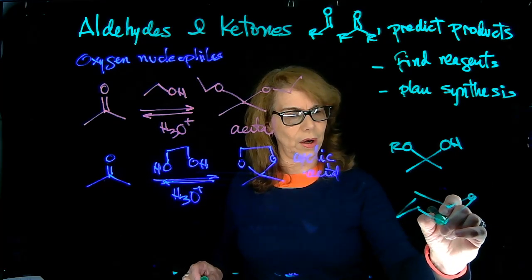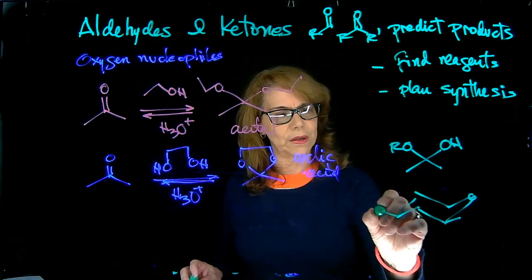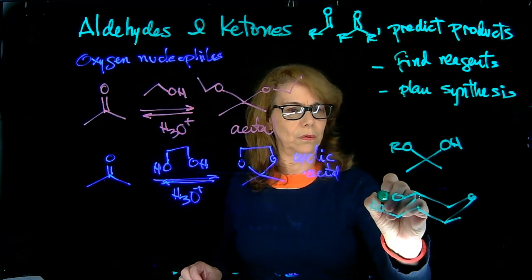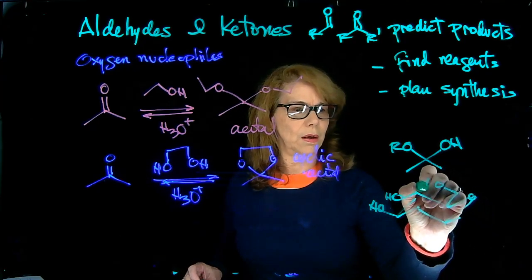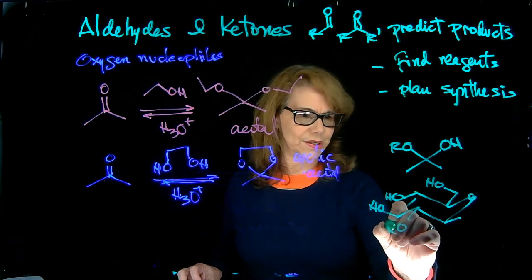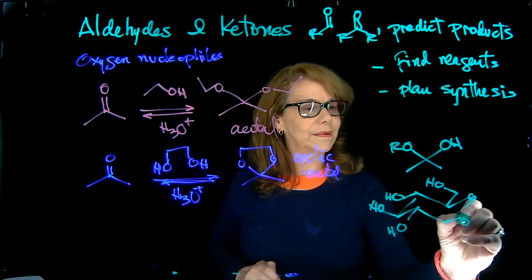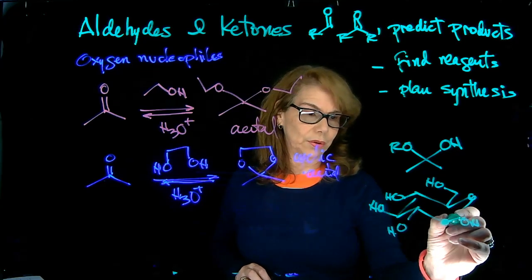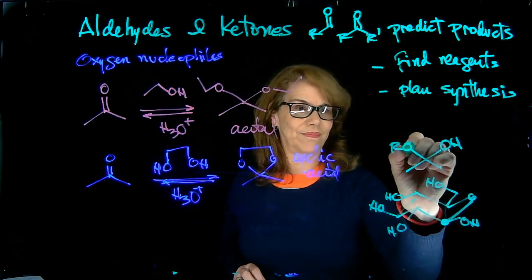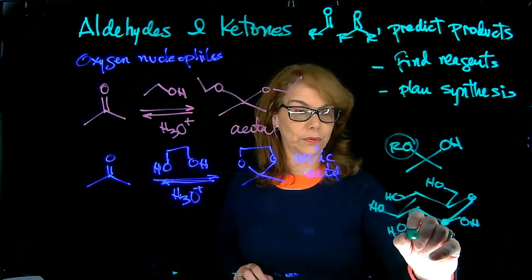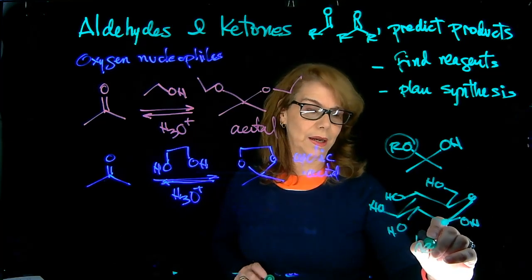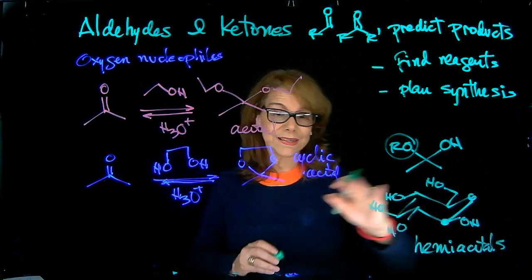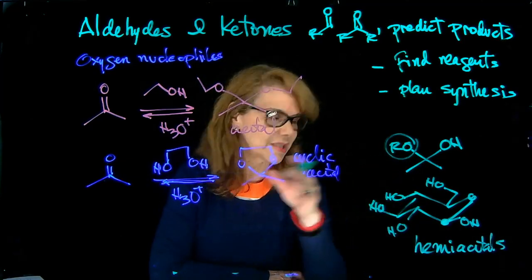So that is the OR, and you will have a number of OHs, OH, OH, OH, OH. What I want you to see is that this carbon here has a bond to an OH and to an OR. That is a cyclic hemiacetal. These are very common in sugars.